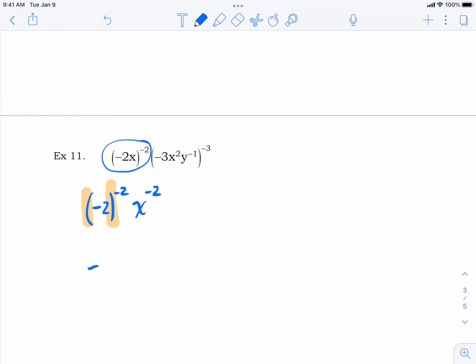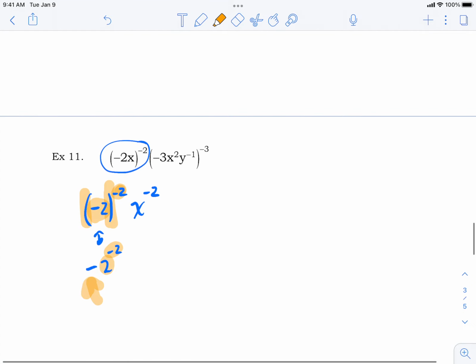Why? Because if you wrote this, remember, these mean different things, right? Here, the -2 is on the 2. It's not on the negative in front. Whereas here, the -2 is on the whole thing, because the whole thing's in parentheses. So make sure you're clear about that. Since the negative was in parentheses with the 2, I really should keep it in parentheses and put the -2 exponent on it like that.